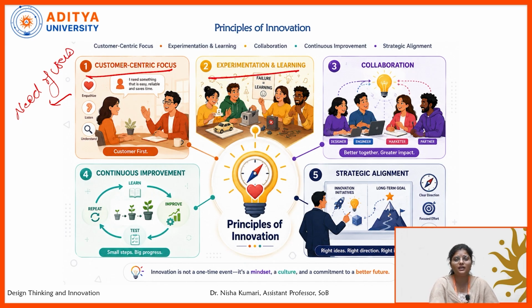Then experimentation and learning. Innovation is all about experimentation and learning. It's not a one-time process, it's a continuous process where we are striving for what? For learning and for the successful implementation of the new product or service.